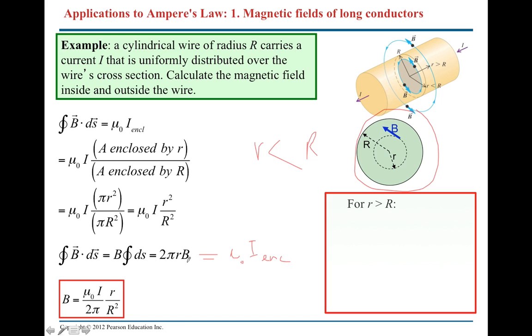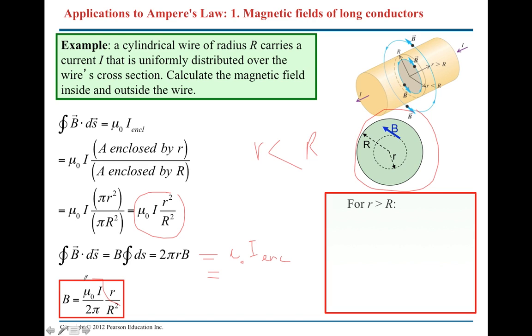If I put that in for I enclosed, one of the r's will cancel with the small r, and I have the formula mu naught I over 2 pi multiplied by r, over big R squared. So it's linear.